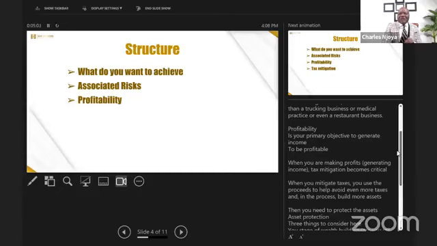Tax mitigation becomes critical because you're generating income. Remember, I tell you, income pays a lot of taxes. When you start mitigating, when you start building assets, generally you're transferring some of the tax liability to the third party who are using those assets. So that is where the big portion of mitigation comes in.